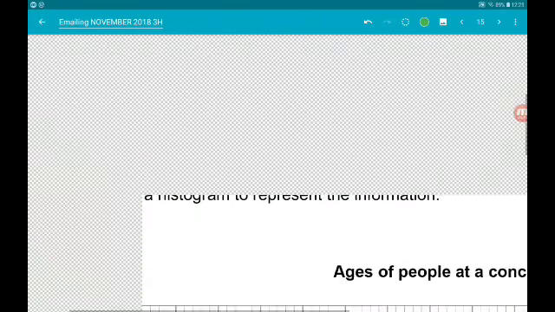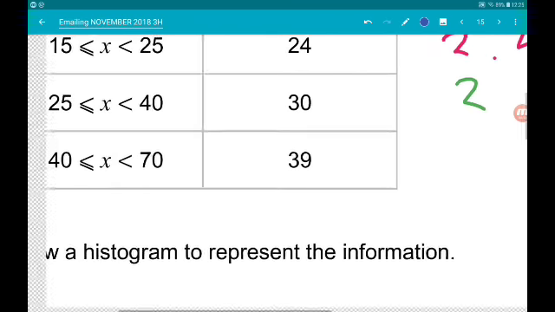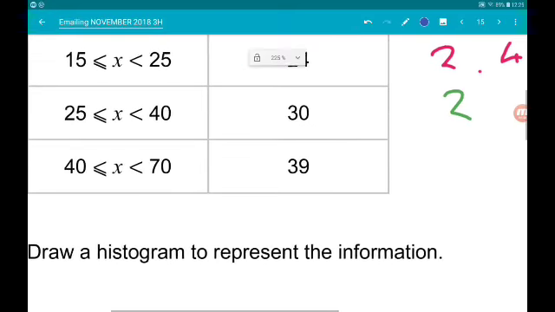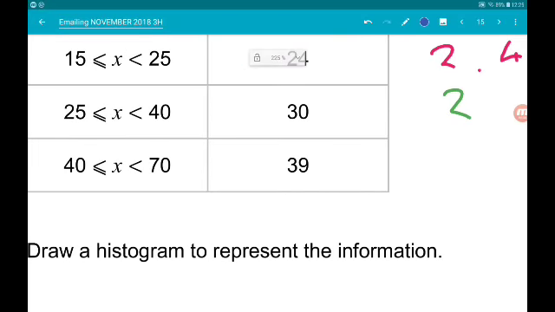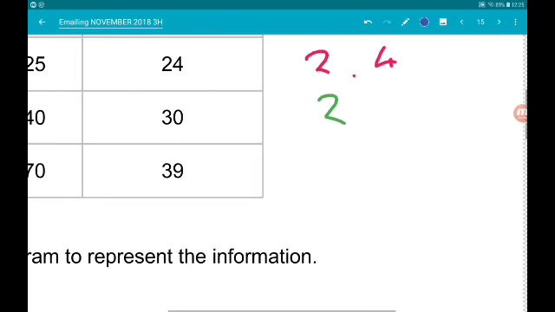40 to 70, we have a frequency of 39, interval of 30, 39 divided by 30 is 1.3.